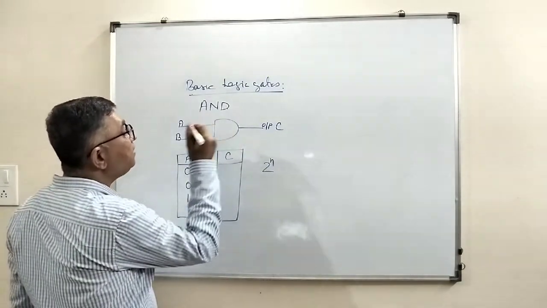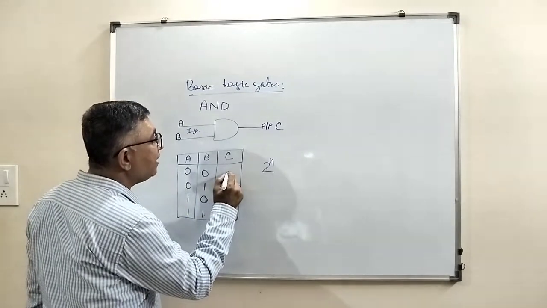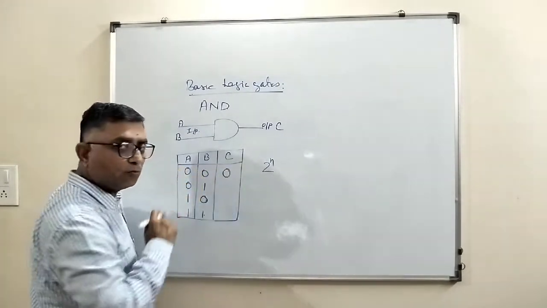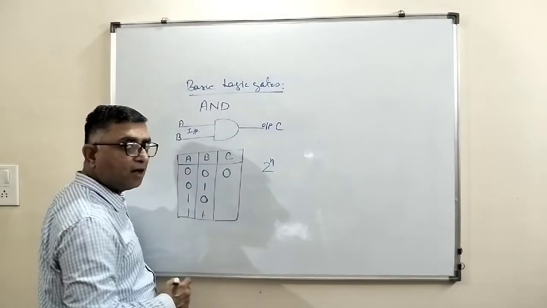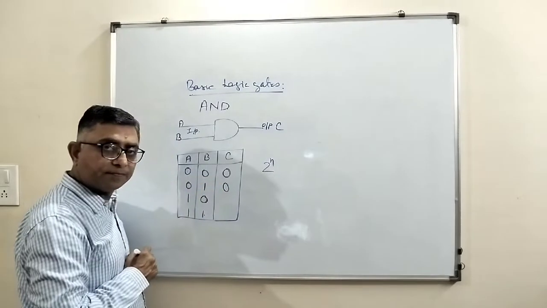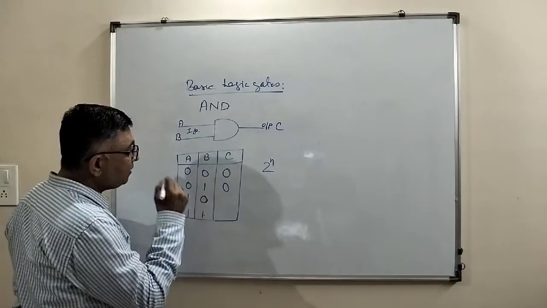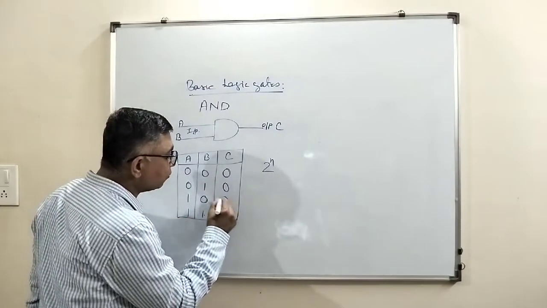So if you see the AND gate, once both the inputs are 0, then we are getting 0 at the output. Once the first input is 0, second input is 1, we are getting 0 at the output. Once the first input is 1, second input is 0, again we are getting 0.